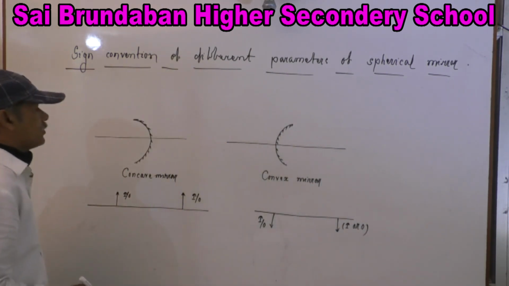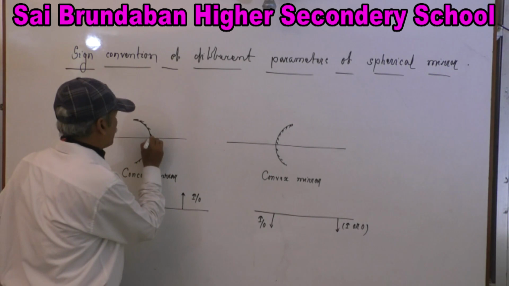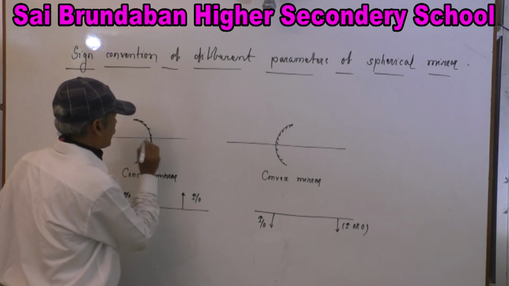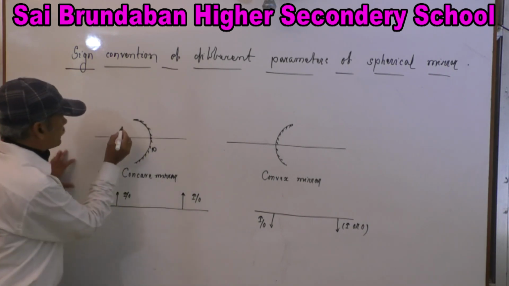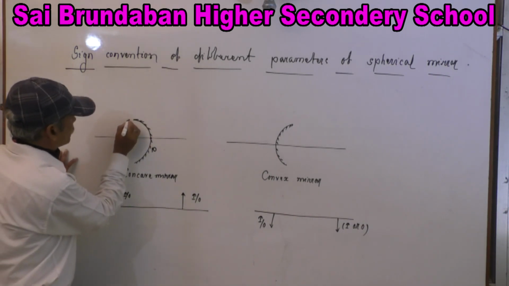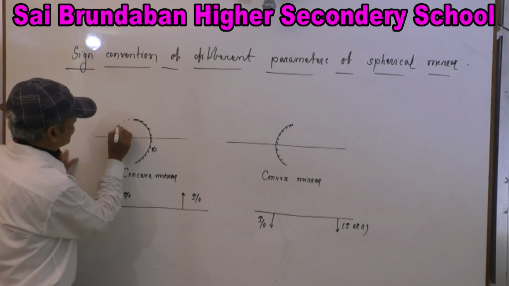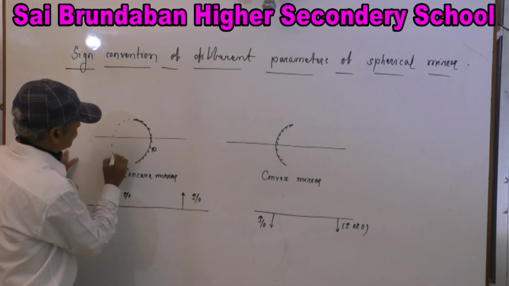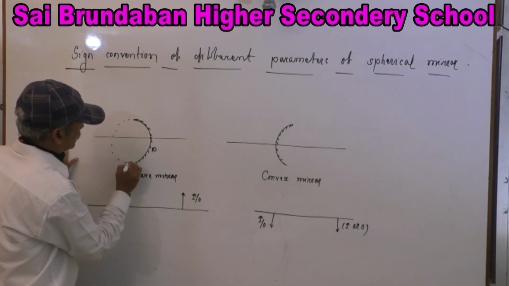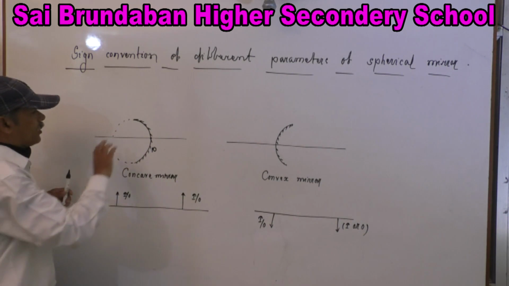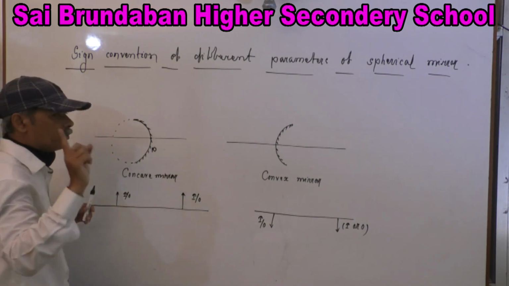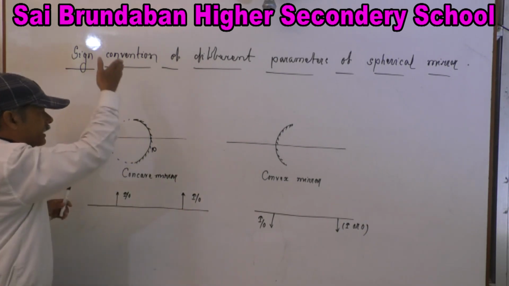Now this is the pole. This is the sphere of which the mirror is a part.